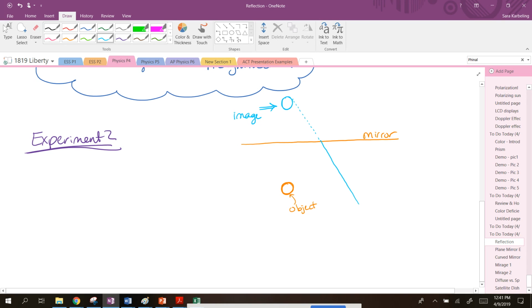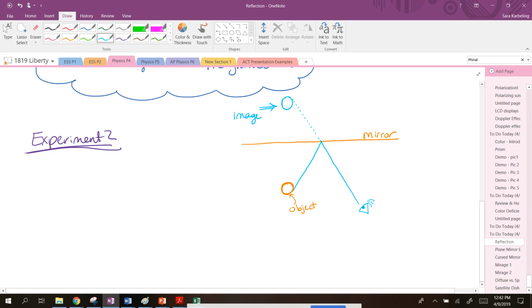But the light doesn't actually go back there, does it? This is all in our heads. There's nothing back here. The light really came from where? Did it come from the object? The light comes from the object. It hits the mirror and then bounces to your eye. So the light actually goes like this. This is your eye.